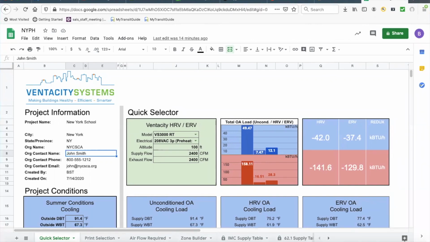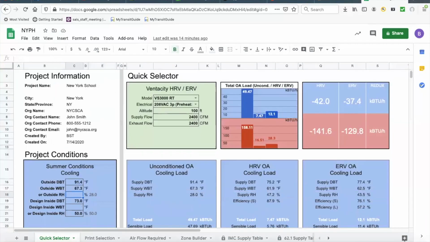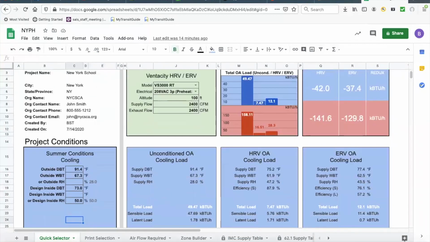So I've put in just some basic design conditions. We're not so much worried about this right now. This is what we use to determine our ventilation efficiency. I've got a 3000 CFM unit running at 2400 CFM. I want to touch on that now as well.